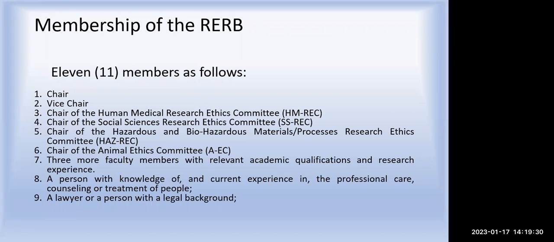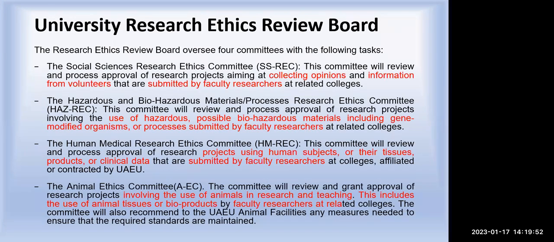Plus, we have three more faculty members with relevant academic qualifications and research experience, a person with knowledge of and current experience in professional care, counseling, or treatment of people, and a lawyer or a person with a legal background. The University Research Ethics Review Board oversees four committees with the following tasks.